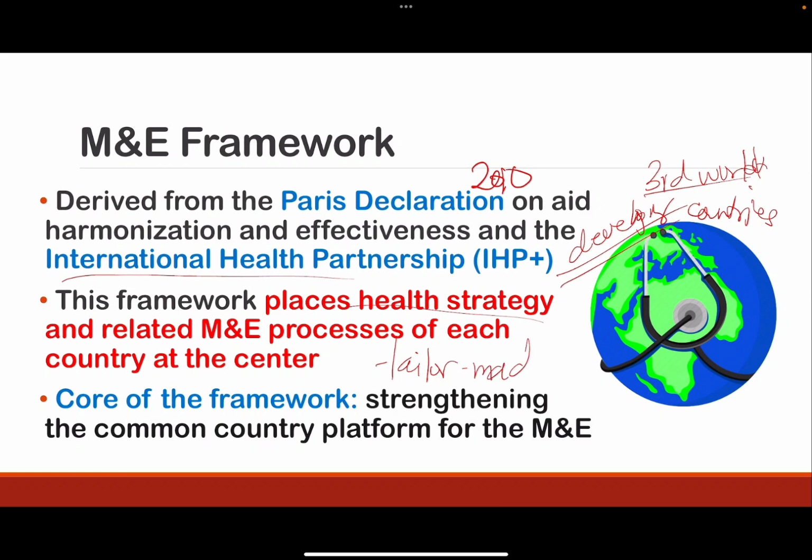Kung for example, nagpatahi ka og sanina, so the measurement imong sanina is angkop or exact measurement sa imong body. Same ra gyapon ana, 'di ba? So tailor-made strategies para ra gyud na ana na country. So for example, ang Philippines na siya'y lahi na health problems or lahi ilang priorities than others.